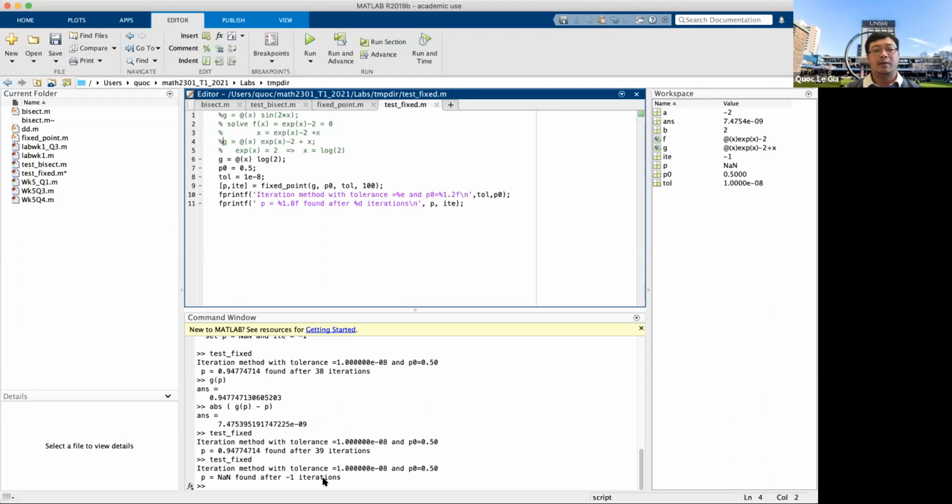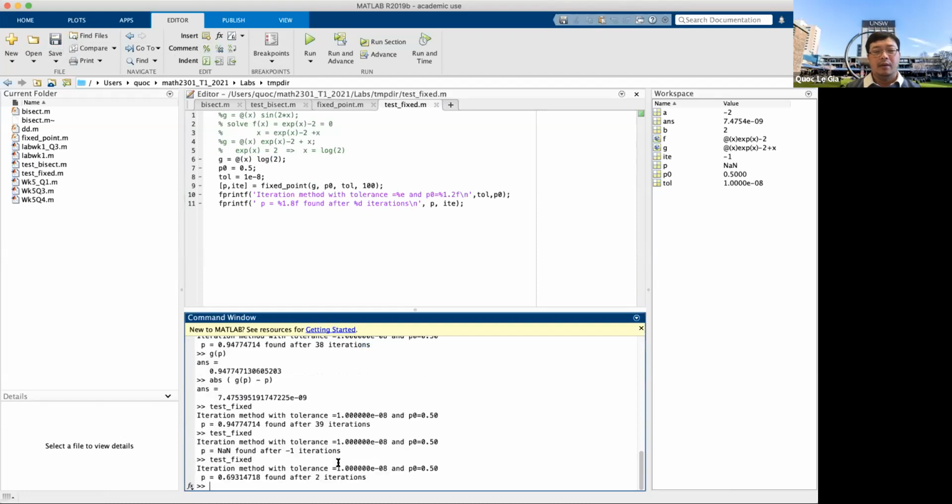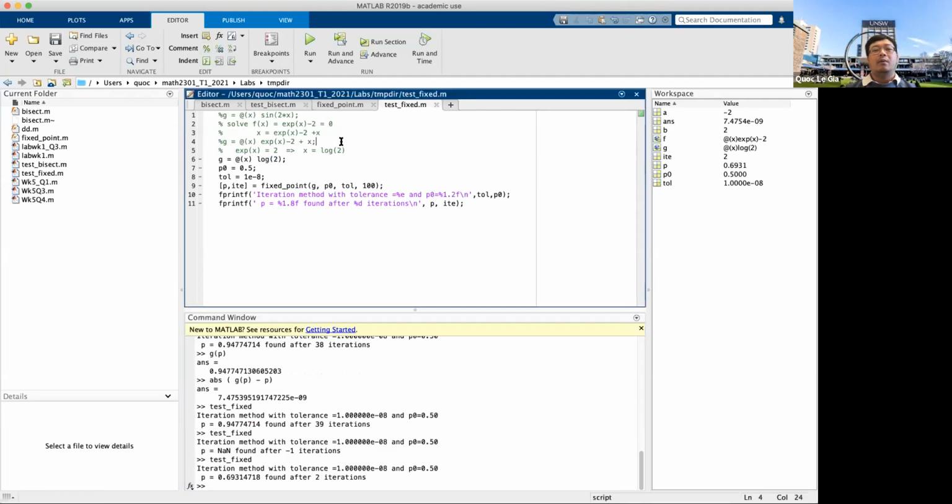So I save here. Oh, so it works. So it depends on how you define the function g, right? But in the other case, why doesn't it work? Because remember, if you take the derivative, in this case the derivative will be exponential of x plus 1, right?